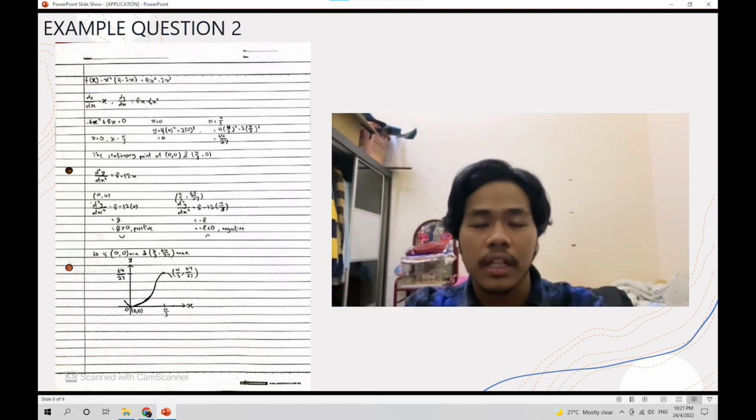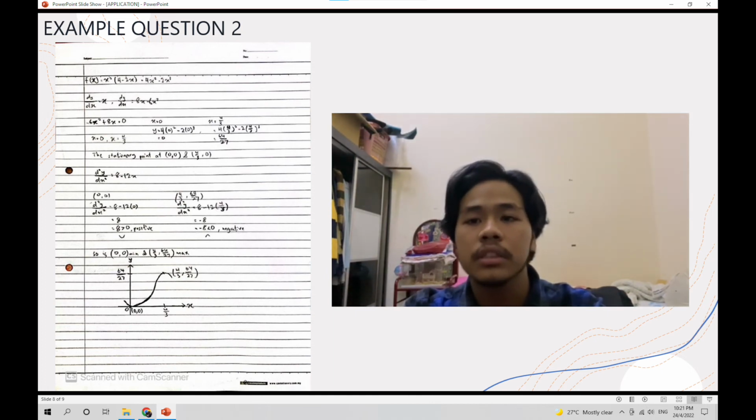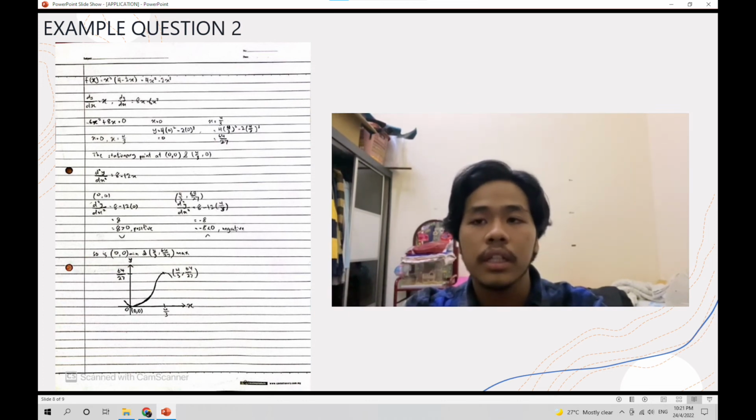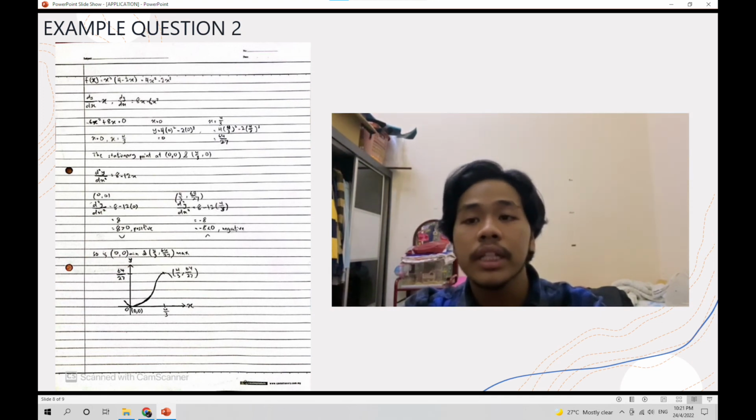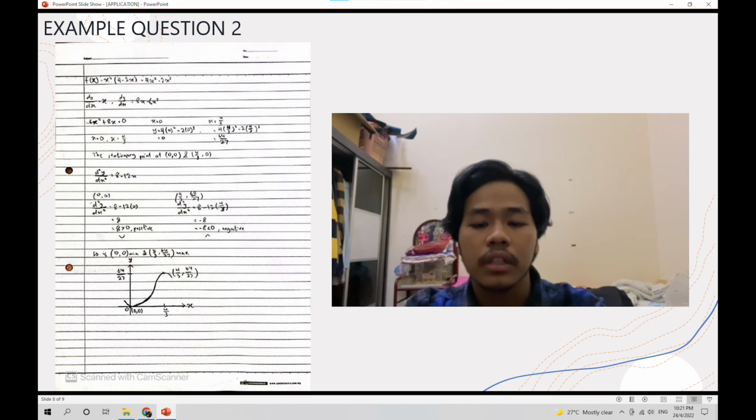So next, 4 over 3, 64 over 27. So d squared y per dx squared equal to 8 minus 12 times 4 over 3. So you get the answer negative 8. So when it is negative 8, it's smaller than 0, so it must be negative.